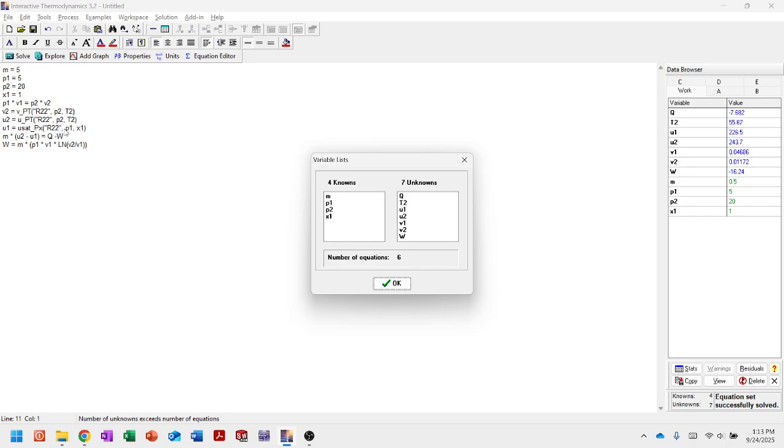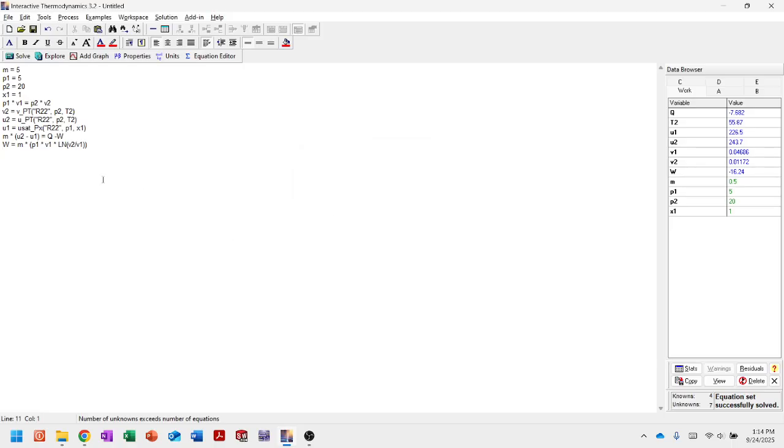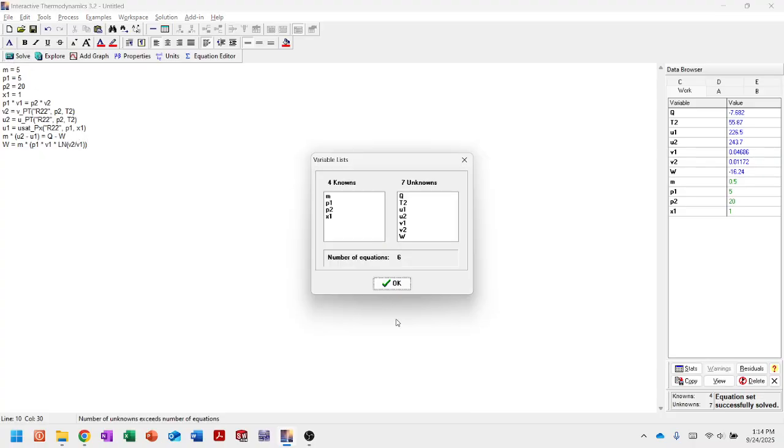So P2, T2, P1, X1, I have those. U2 minus U1 times M is Q. Make sure we have, I think we're good there. V2 over V1. P1, no, I'm still there. What are we missing?